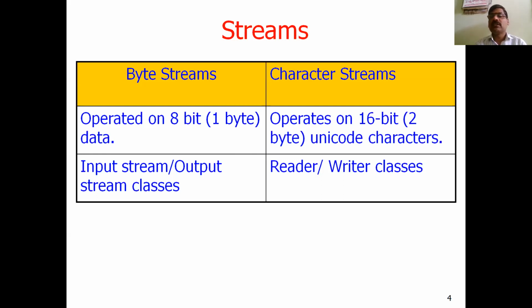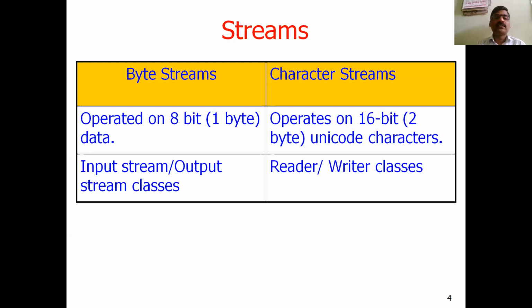But when you are coming to the character stream classes, the character stream classes will read the data or write the data in terms of characters. Generally in Java, a character will take 2 bytes, that is 16-bit. Unicode characters are used to store the character type of data.